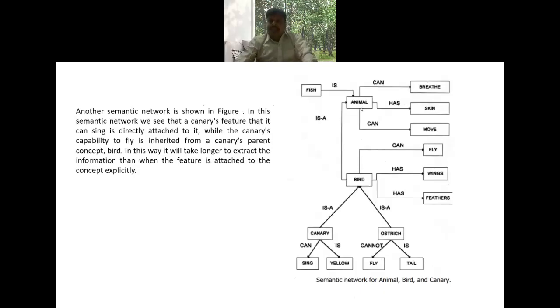Okay. Similarly, animal can breathe, animal has skin, animal can move. So these are the properties of animal. These properties can be attributed or inherited by any type of animal. Clear? So this is another significant aspect.